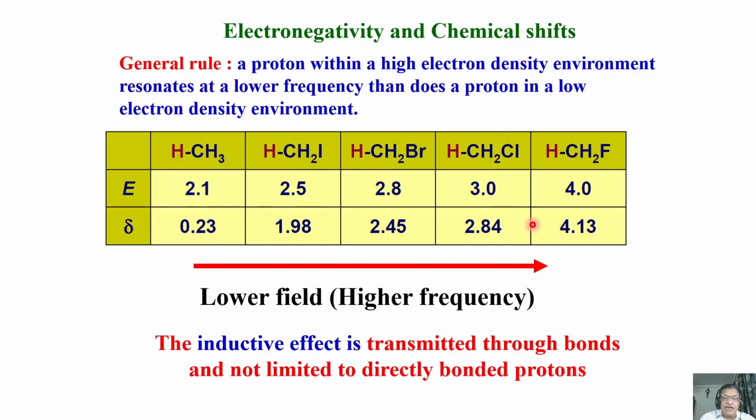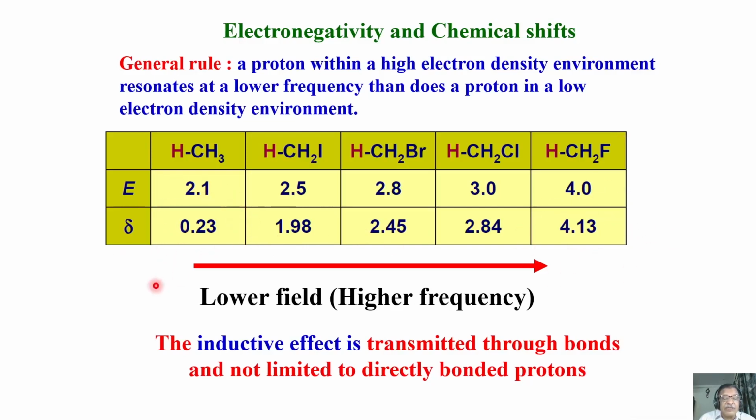The chemical shift has moved to 2.84 ppm, further downfield compared to the bromine substituent. Lastly, you can take fluorine, which is the most electronegative. Remove chlorine and put fluorine, making it CH3F. Look at the chemical shift. It moved to 4.13 ppm.